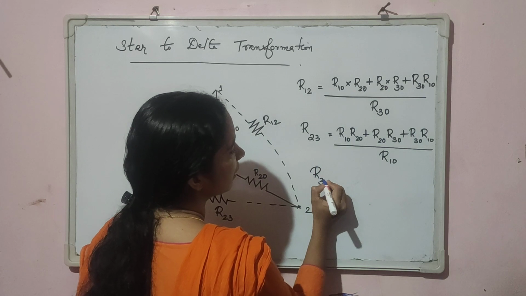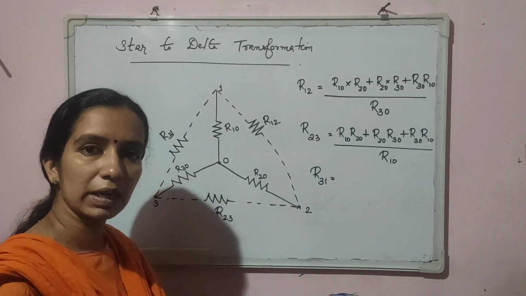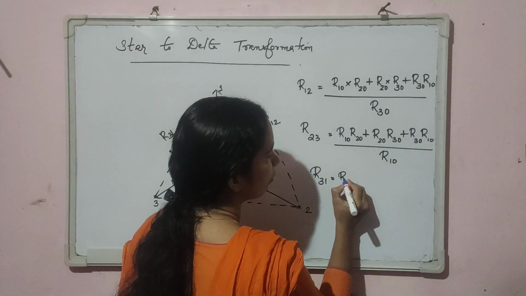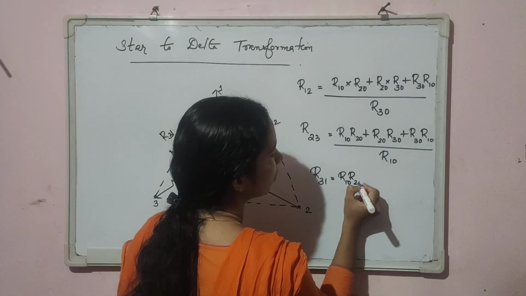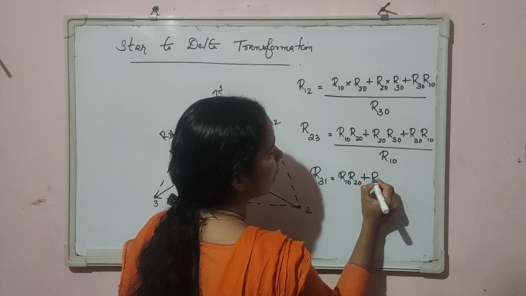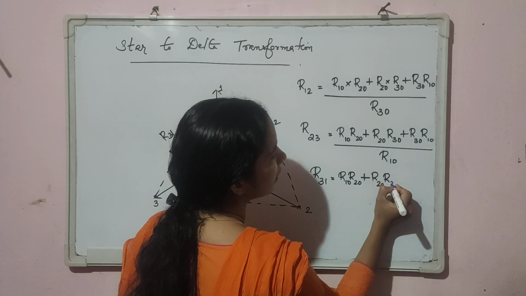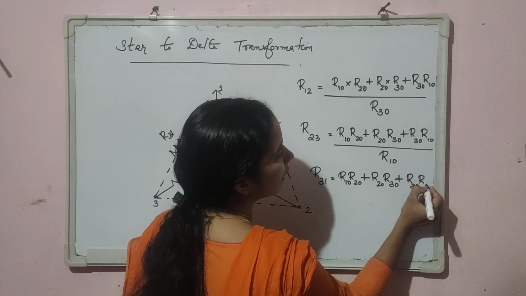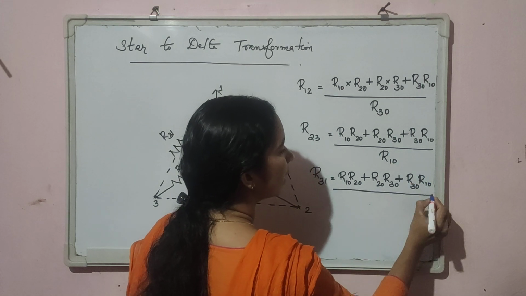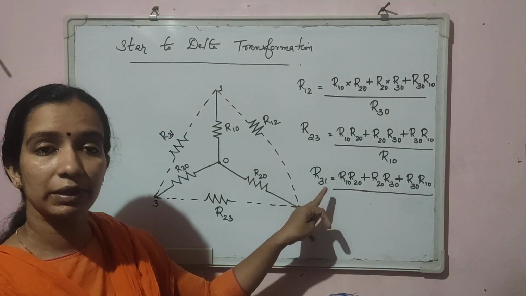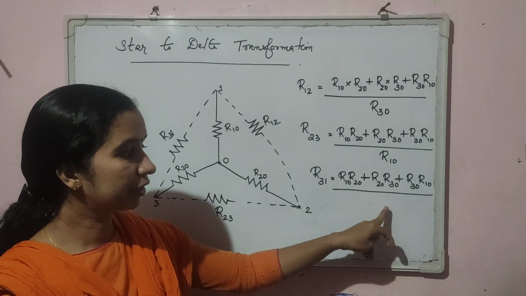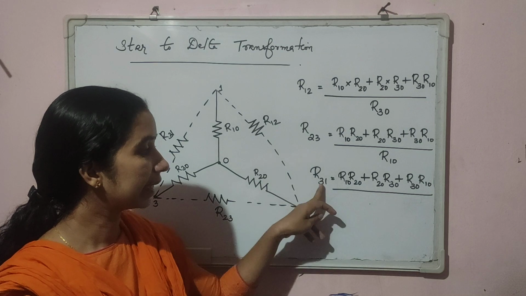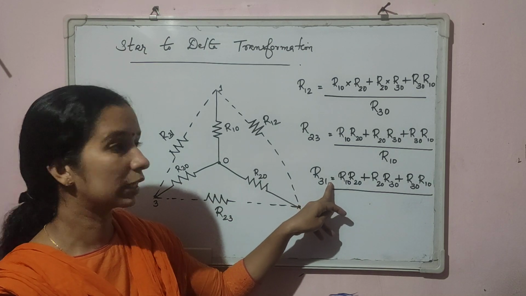Now let us calculate the last resistor, that is R31. So in case of R31 also, the numerator is the same. It is R10 into R20 plus R20 into R30 plus R30 into R10 divided by, we are calculating R31, so we have to divide this term by the resistor which is not connected to either terminal 3 or terminal 1.